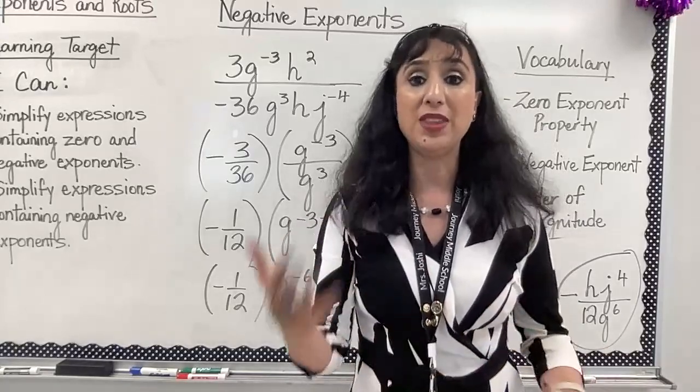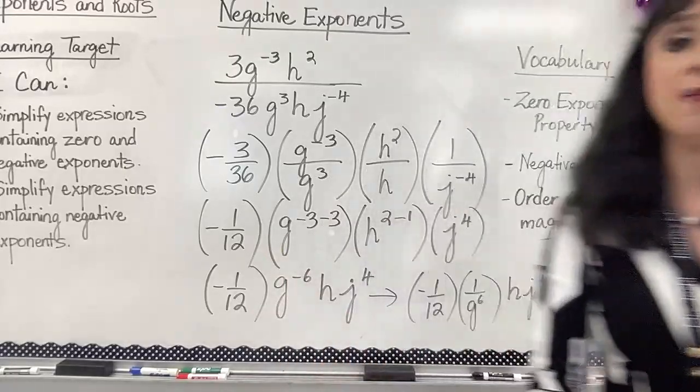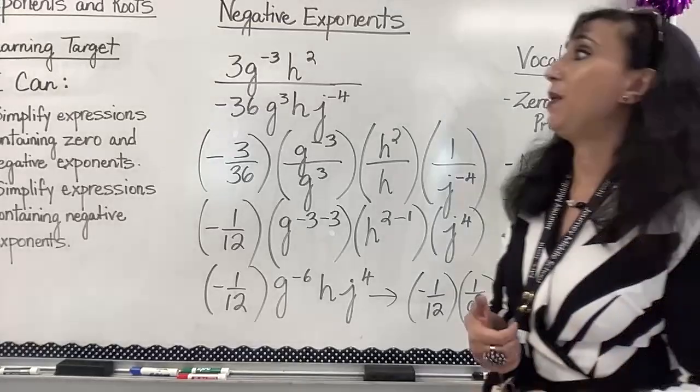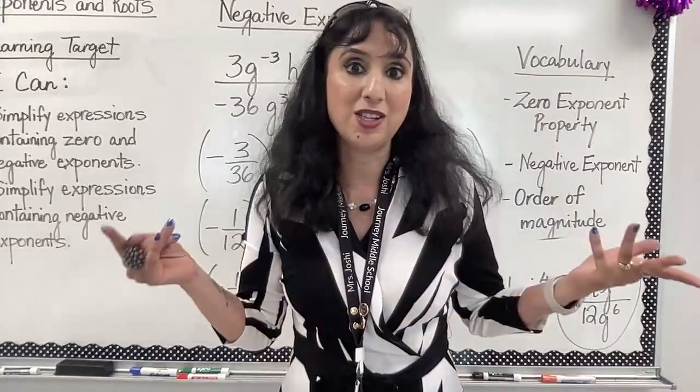Okay, so these are all the things that I had talked to you about. Make sure that you follow all that in order to simplify. And of course, there should be no powers of powers, because that is another thing that you have got to solve. Otherwise, it is not simplified.